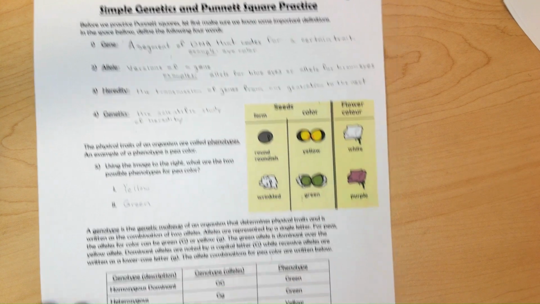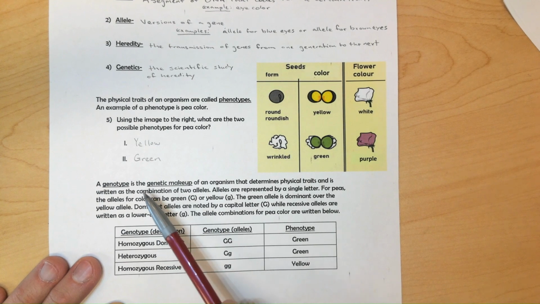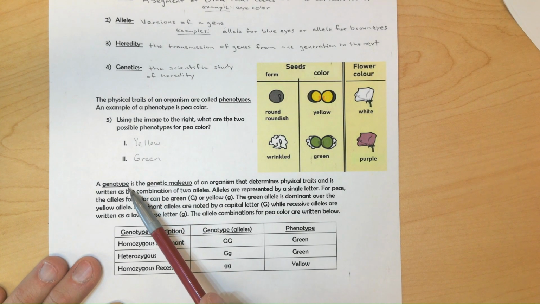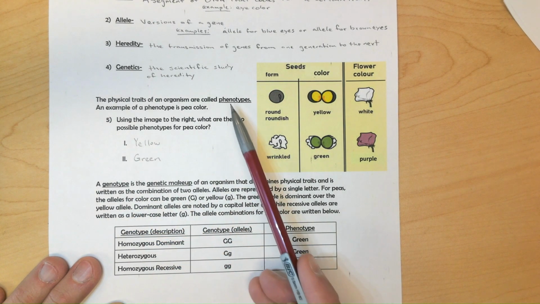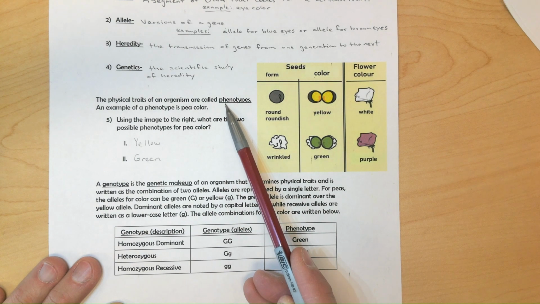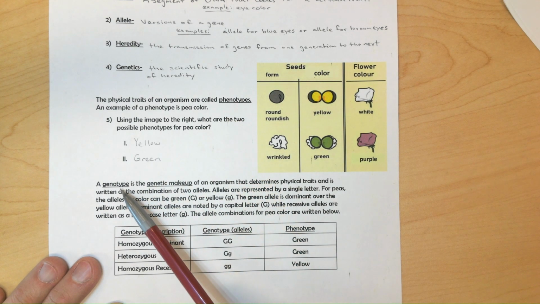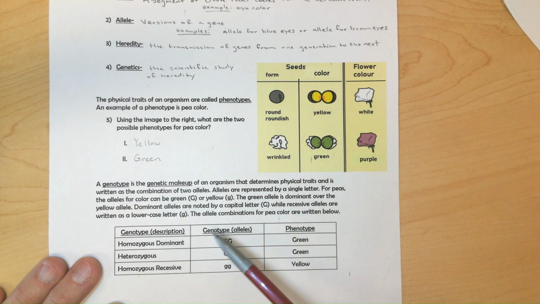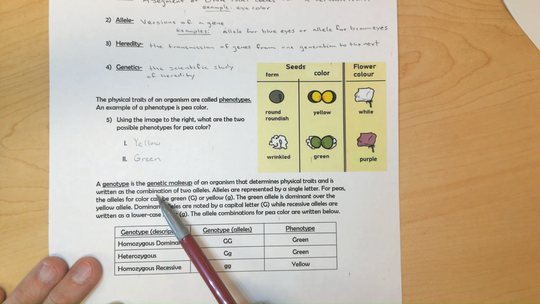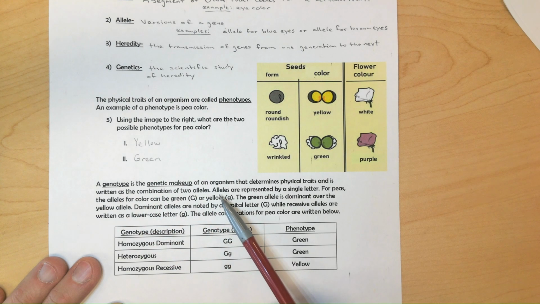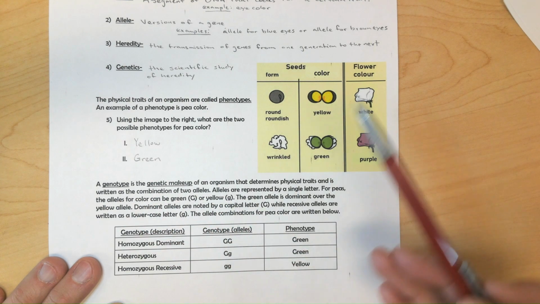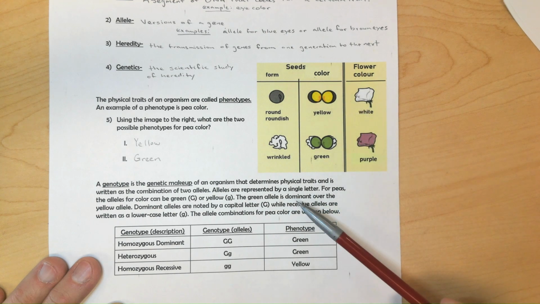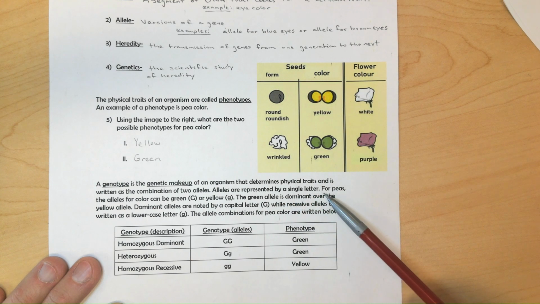Okay. And then moving on down below, we see that a genotype is going to be different than a phenotype. So a phenotype is a physical characteristic, where a genotype is the genetic makeup of an organism, and it will determine the phenotype. A genotype is going to be written as the combination of two alleles. And remember, alleles are versions of a gene, and alleles are represented by a single letter.